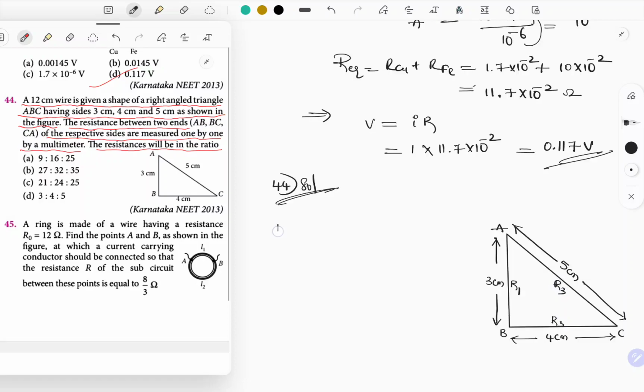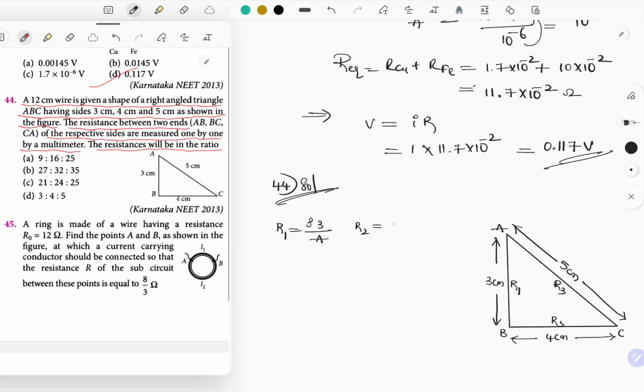Okay, so R1: the complete wire is of same material, right? So resistivity of complete material is going to be same. So it's going to be rho L, L value is 3, divided by A. Area of cross section is the same. What about R2?